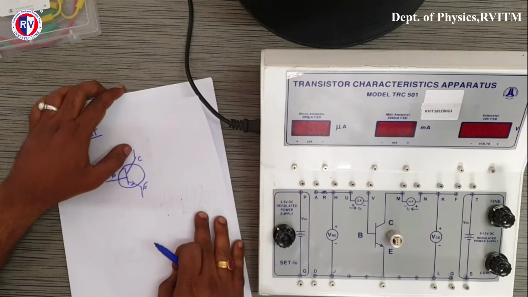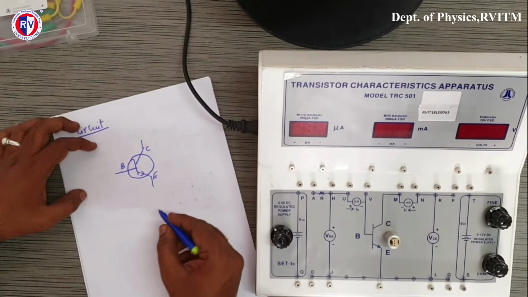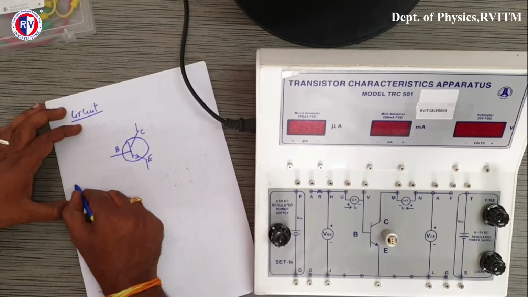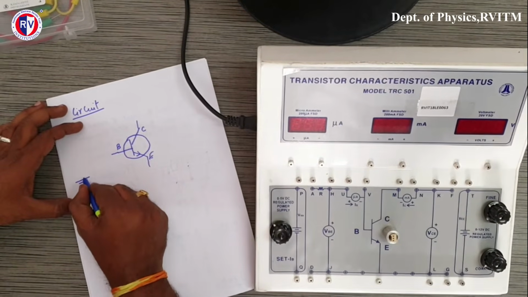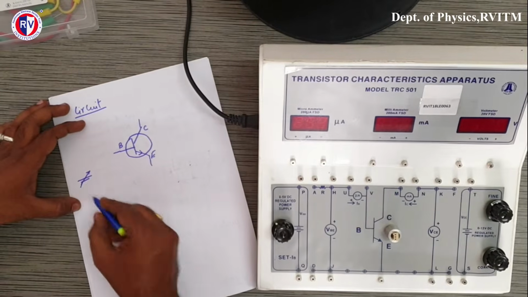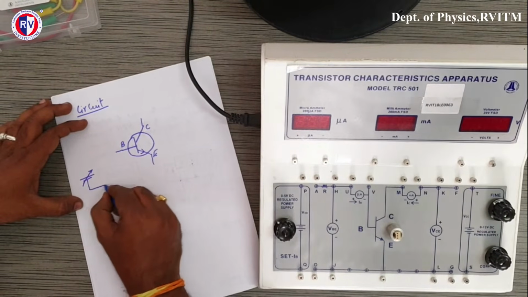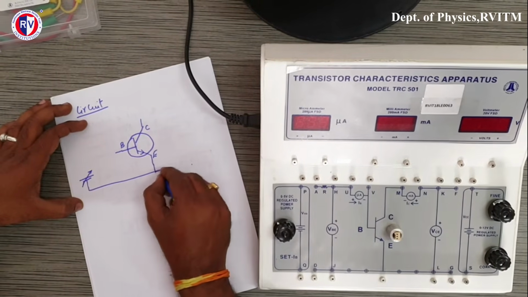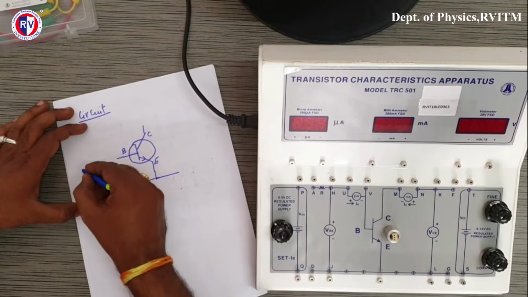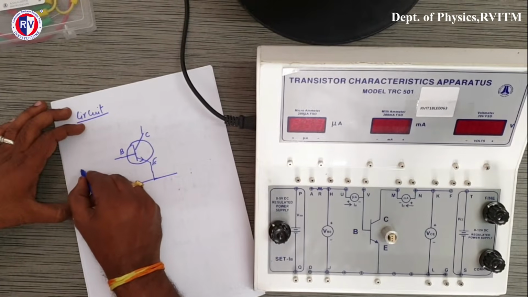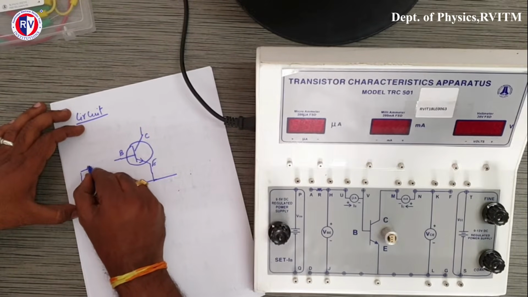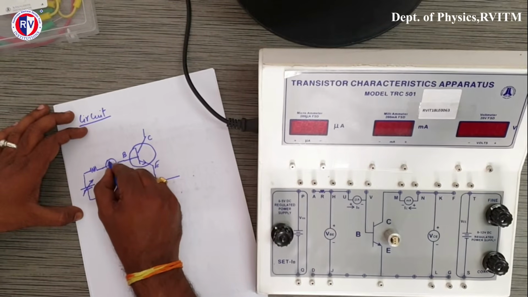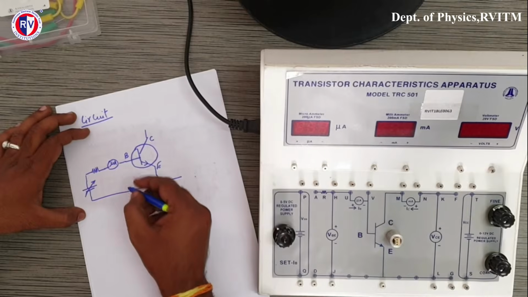Let's come back to the circuit diagram. We have a battery source, which is a variable source. Since it is common emitter, the emitter is common. Here a resistance is connected, followed by a microammeter.